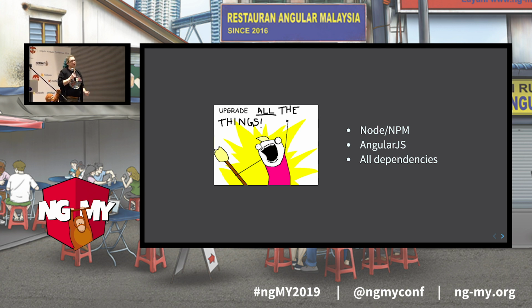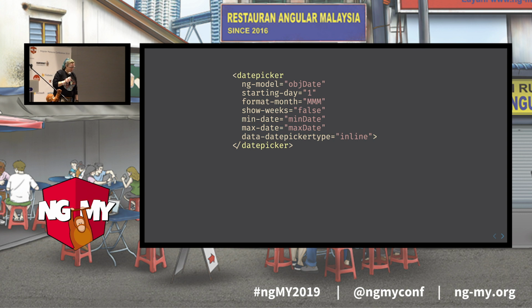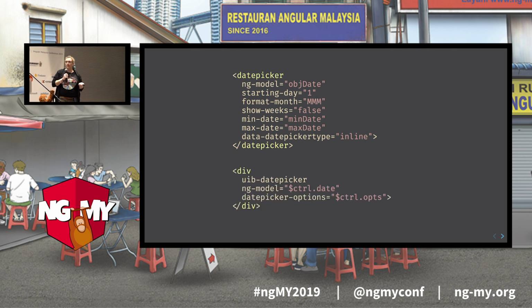And in version 0.8, if you wanted to put a calendar on a page, you wrote some code like this. When we updated, we had to update to version 4. And in version 4, if you want to put a calendar on a page, you write something like this, which is a little bit different.